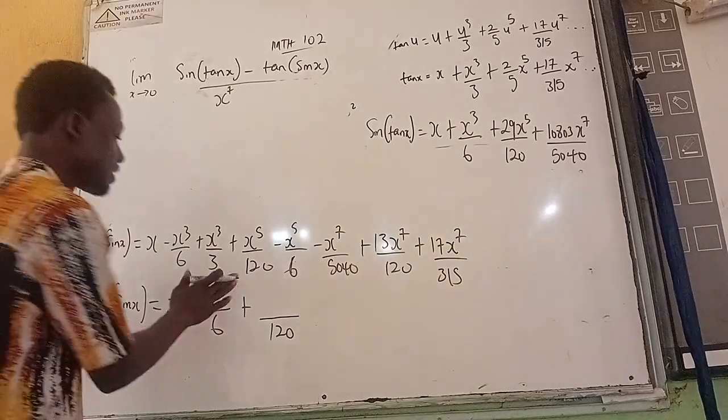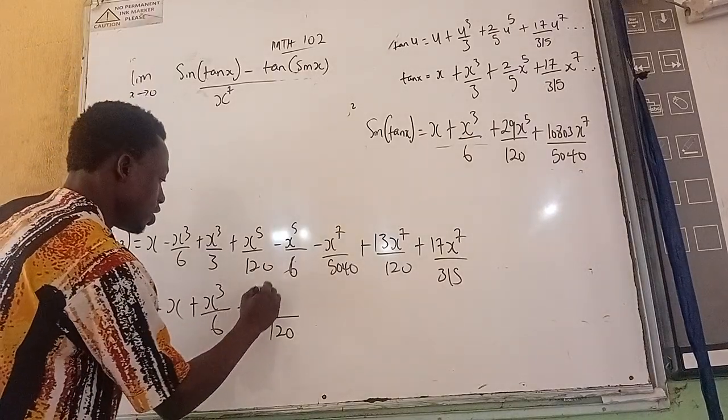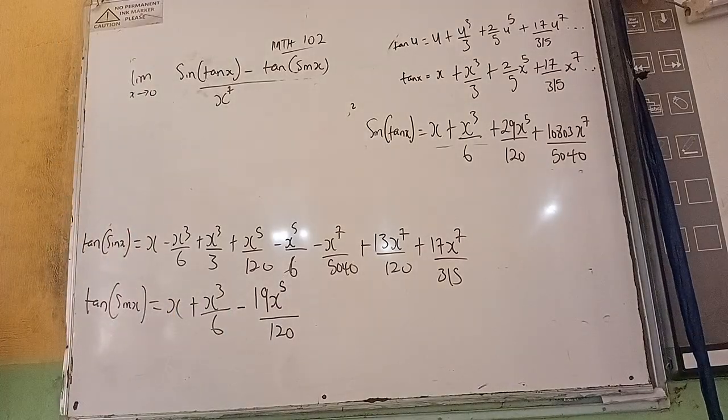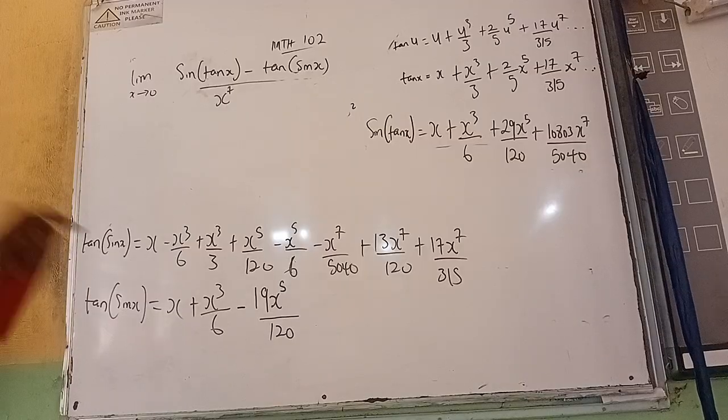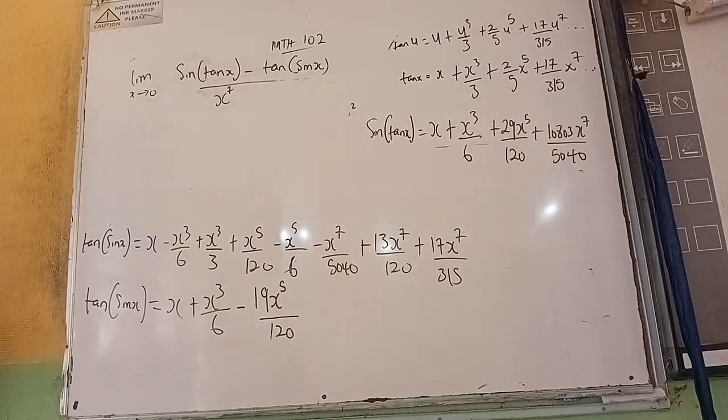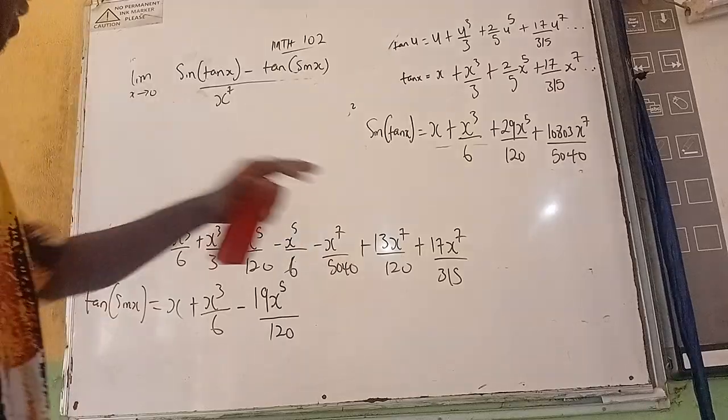You have minus 19x^5. Are we together? This should be 29. I hope I've not messed things up. This should be 29 so that I can cancel this.